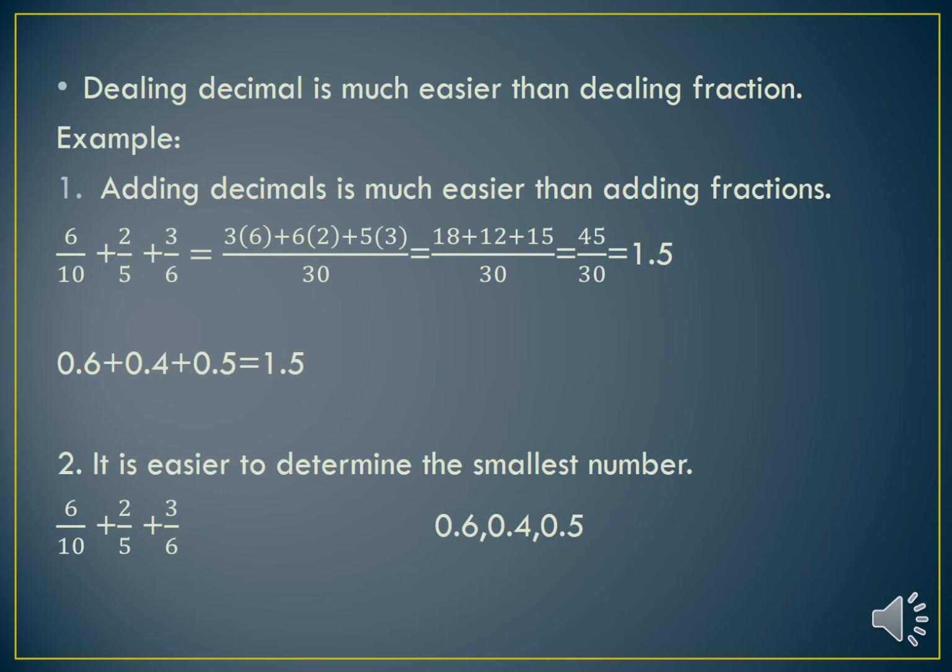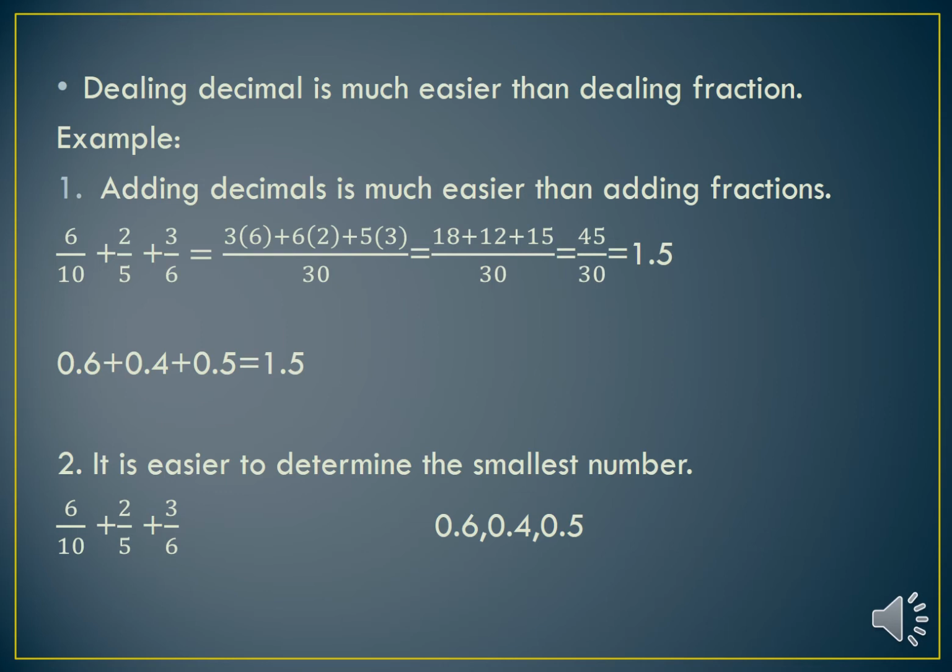After looking for the LCD, we have to divide and then multiply to the numerator. But if we are going to add decimals, simply add 0.06, 0.04, 0.5. Just take a look at this example and compare the process. Of course, dealing with decimals is really easier than dealing with fractions.